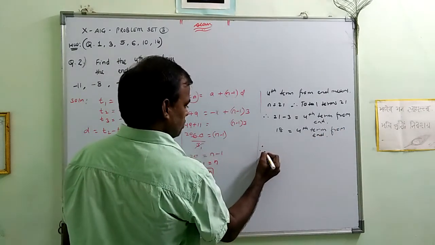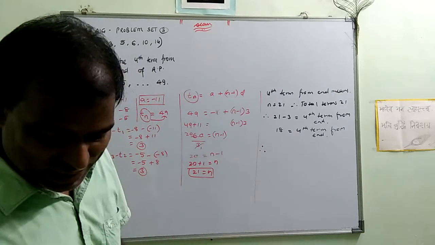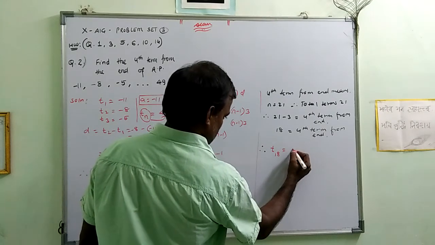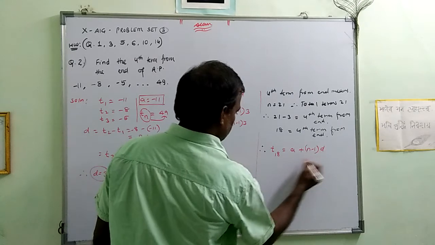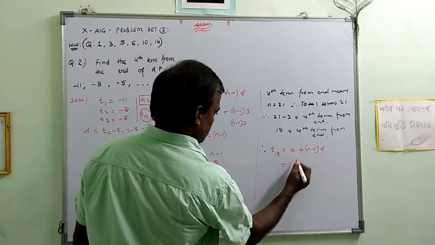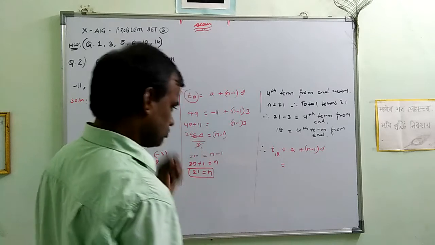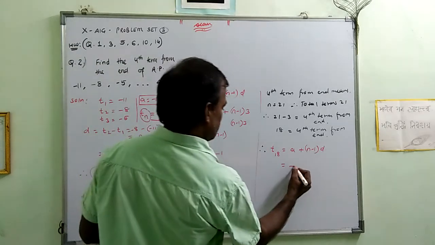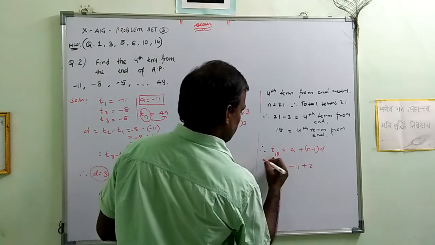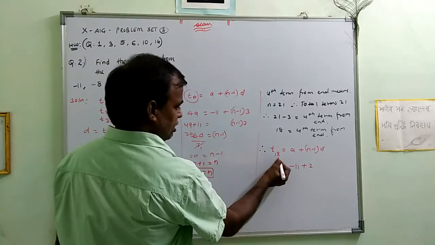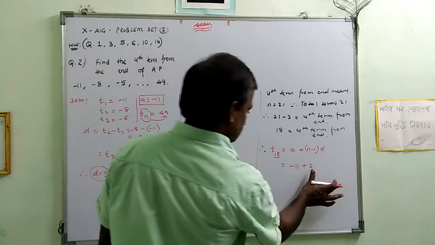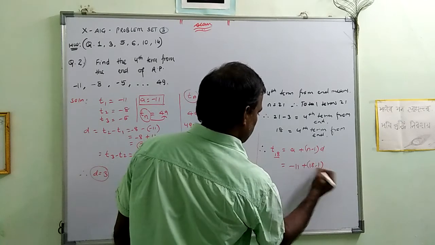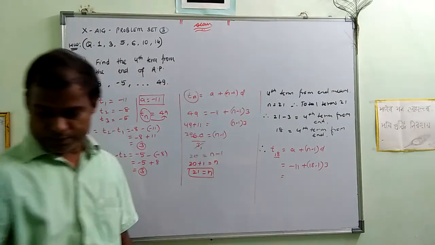Okay. Therefore we have to find the value of T18. T18 equals a plus n minus 1 into d. So T18 equals a, which is minus 11, plus n, which is now 18, so 18 minus 1, d is 3.